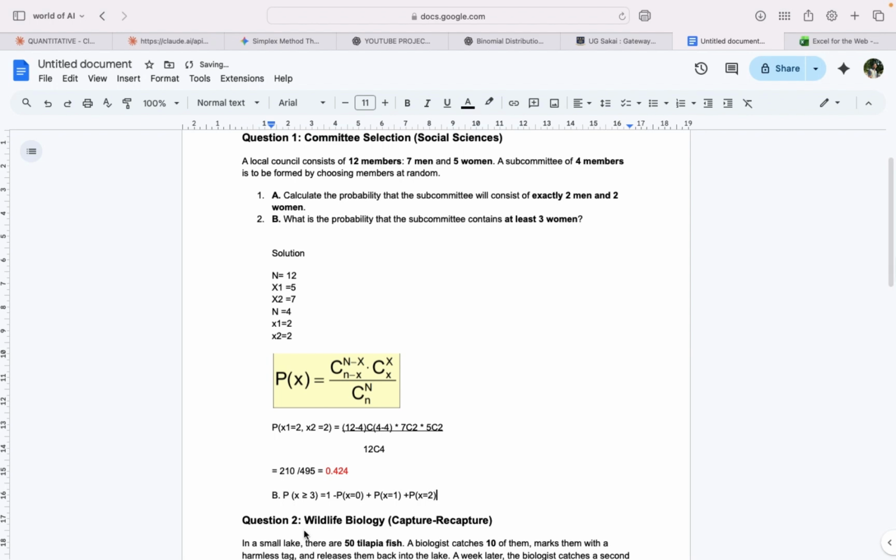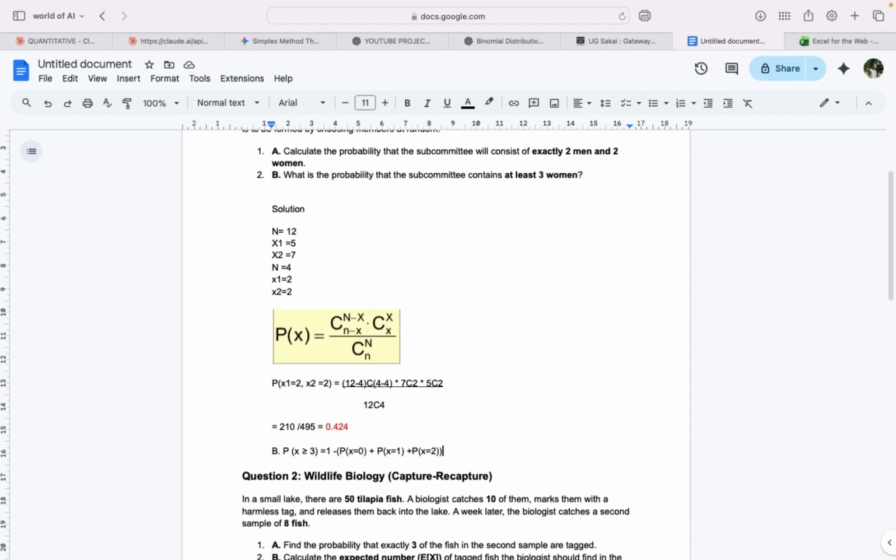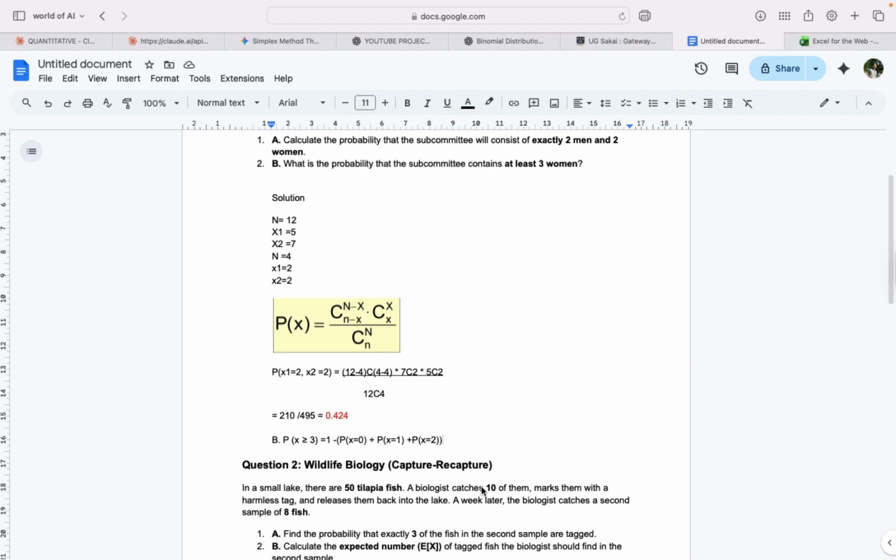So when we subtract this from 1, we are going to get the probability that x is at least 3, greater than or equal to 3.